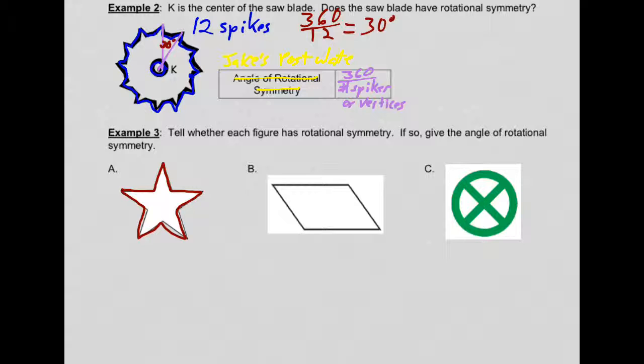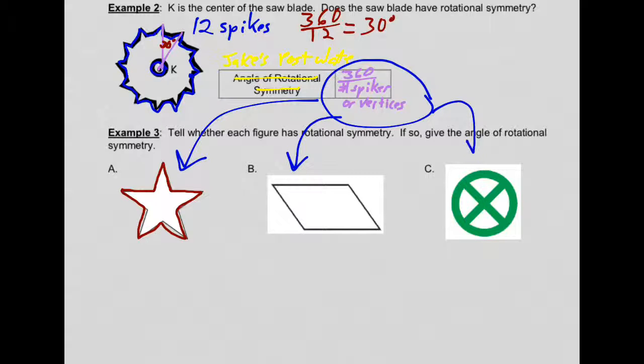And then using the number of spikes, I want you to figure out what the angle of rotational symmetry is in A. And once you're done with that, do B. And once you're done with that, do C. And once you're done with that, do your homework.